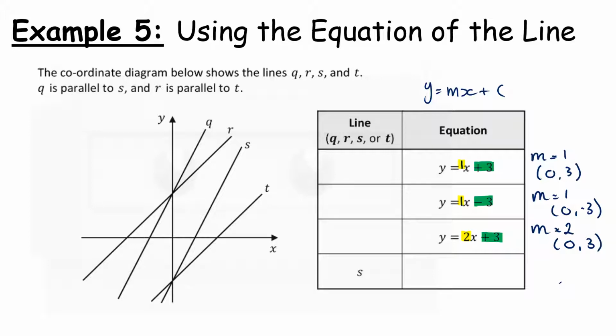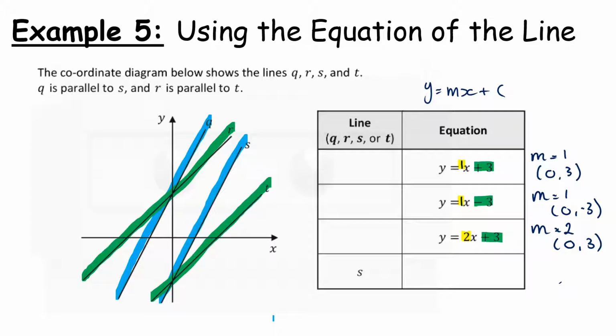Let's look at the question and see if there is any more information given. The coordinate diagram below shows the lines Q, R, S and T, and it tells us Q is parallel to S. So Q, this line here, is parallel to S. And here we have R is parallel to T. As we know, parallel lines mean they have the same slopes.